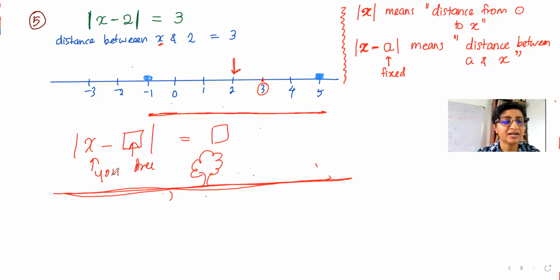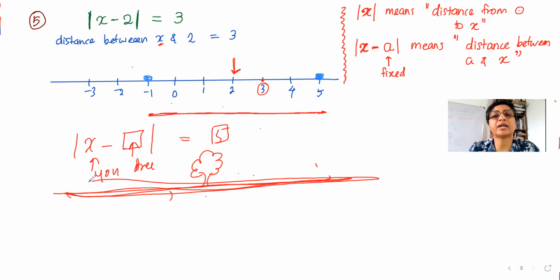If I say, can you go and stand so that the distance between you and the tree is 5? Where can you stand? This is just a line, a one-dimensional thing. You're the variable. You can go anywhere. Your location can be changed.